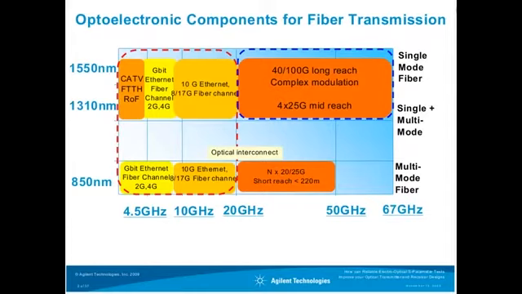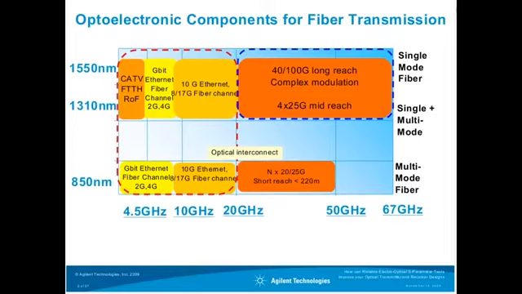When it comes to Ethernet and gigabit Ethernet transmission ranges for datacom, it's mostly in the 10 to 20 gigahertz range, addressing 10 gigabit or 17 gigabit fiber channel applications. When it really comes to very high speed, long distance transmission, it goes to 40 gigabit, and recently all the standards go to 100 gig.